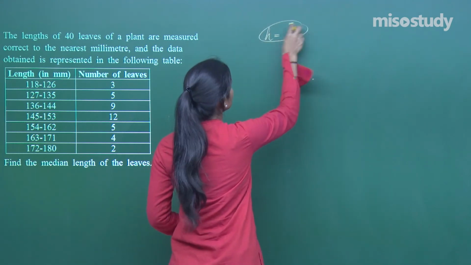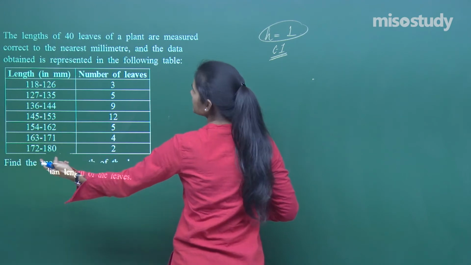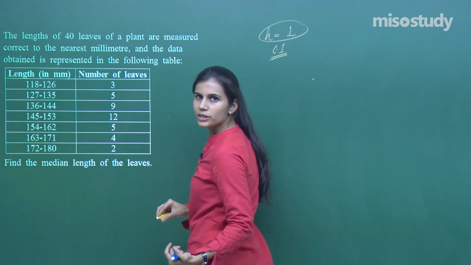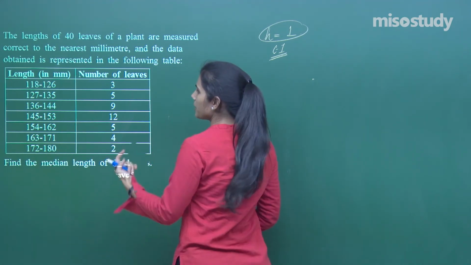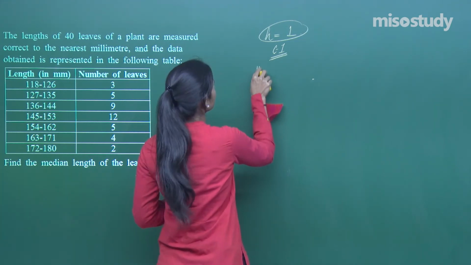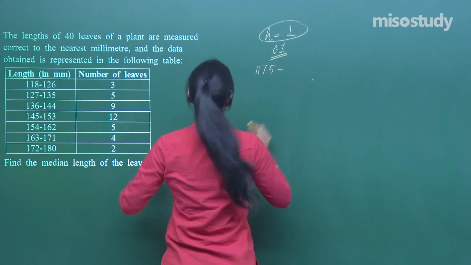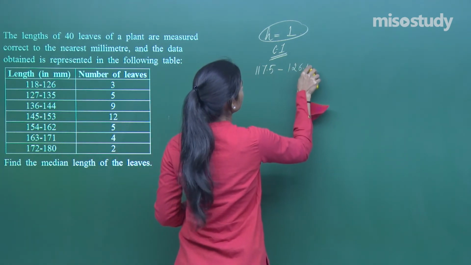So with h equals 1, my new class intervals will be 118 minus half. H by 2 is 1 by 2 because h is 1. That means 118 minus 0.5 is 117.5, and 126 plus half, so it is 126.5.